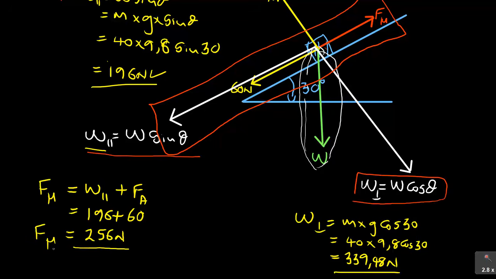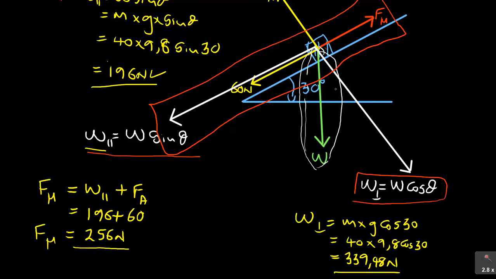So that is how we use the same diagram. If you plot your diagram properly, when you do your free body diagram or your space diagram, you need to show all the forces that are acting, and you are either looking perpendicular to the plane or parallel to the plane. When you're looking parallel to the plane, the upward force must be equal to the downward forces.